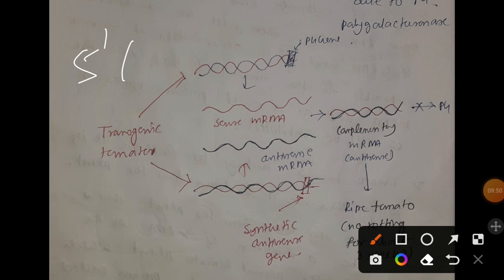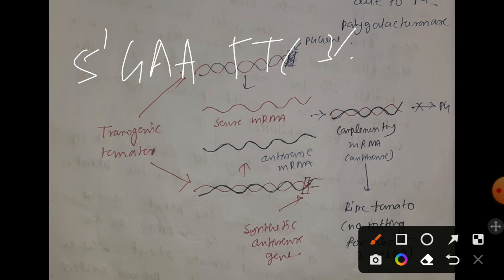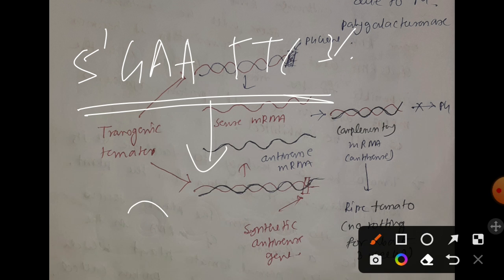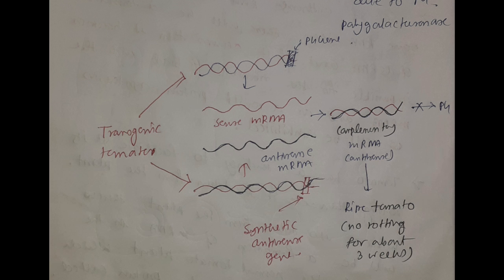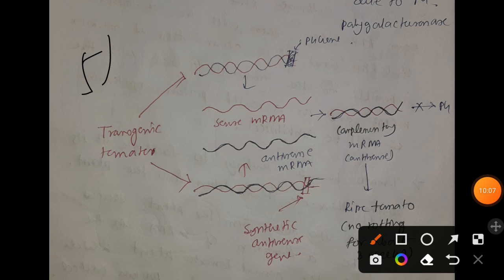Suppose the DNA sequence GAATTC 3' is responsible for the conversion into an mRNA that will facilitate the formation of PG protein. So we will insert CTTAAG.